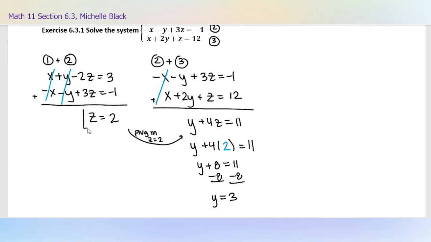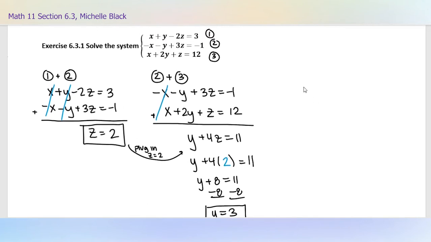So now I know my value for z, I know my value for y, and I want to substitute that into one of my original equations to figure out x. And my top equation here is x plus y minus 2z equals 3. I'm going to plug it into here.